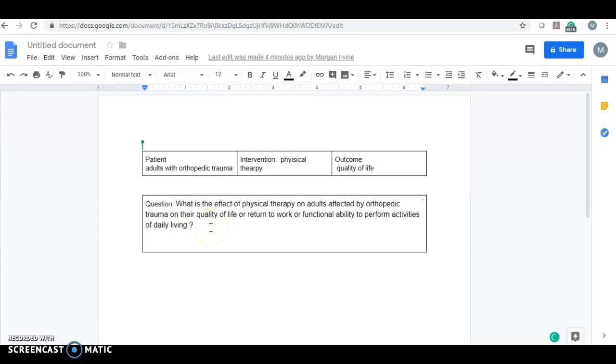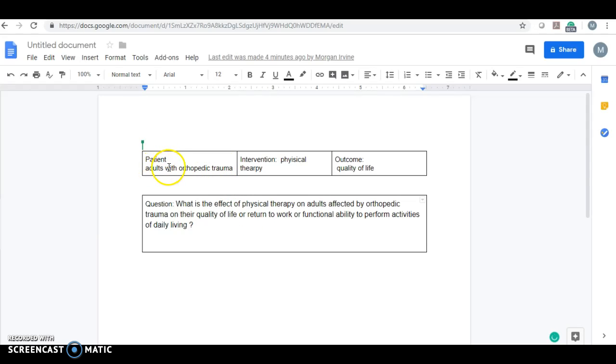Today I'm going to show you how to use a medical database to get the information you need to answer a clinical inquiry. The one I have as a sample for today is: what is the effect of physical therapy on adults affected with orthopedic trauma on their quality of life, ability to return to work, or perform daily living tasks?